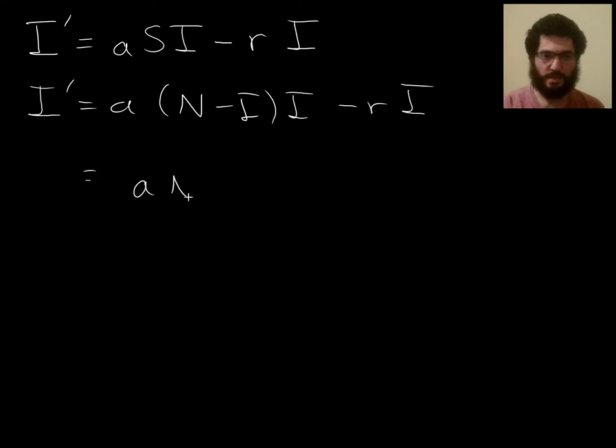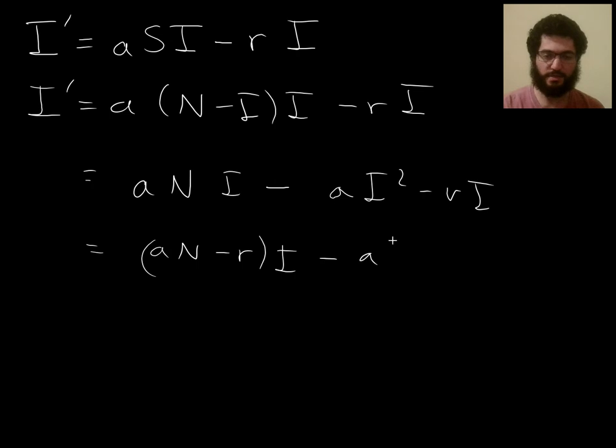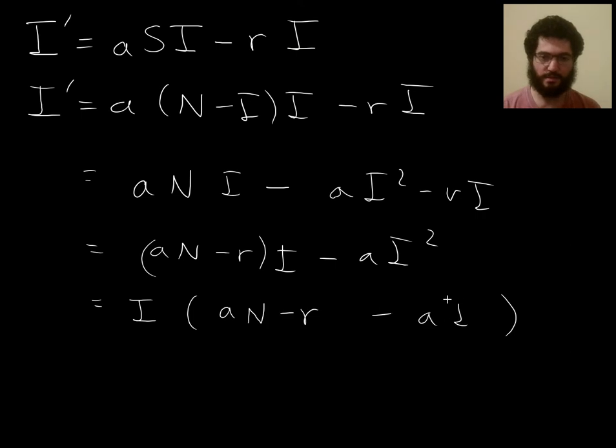So I get aNI, just distributing that, minus aI squared minus rI. So it looks like I have (aN minus r) times I minus aI squared. And maybe I'll actually pull out an I there, an overall factor of I times (aN minus r minus aI).